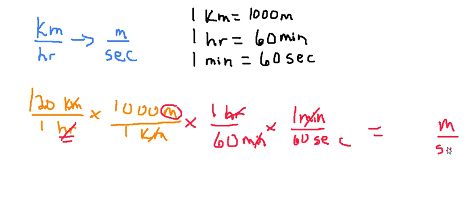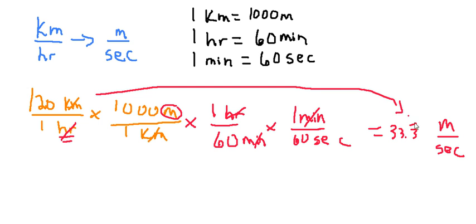And then I just need to do the math. The 120 times 1,000 divided by 60 divided by 60. And if you do all of that, you're going to get 33.3 with a line over it. So the answer here is if we start with 125 kilometers per hour, that's the same thing as 33.3 with a line over it, meters per second.